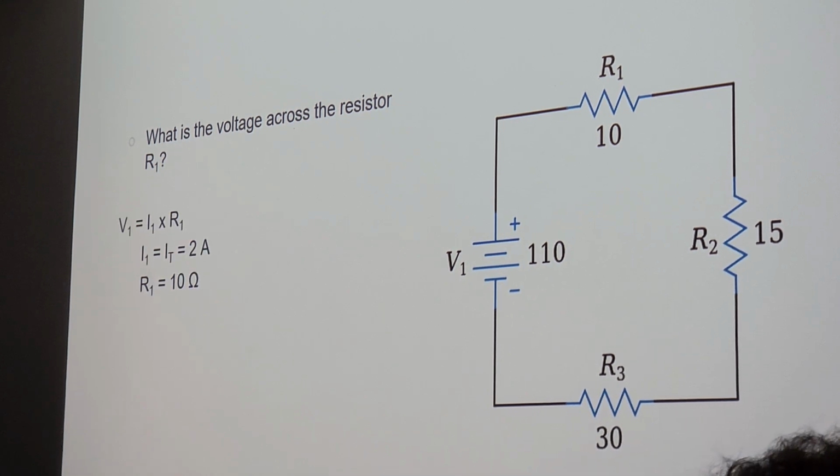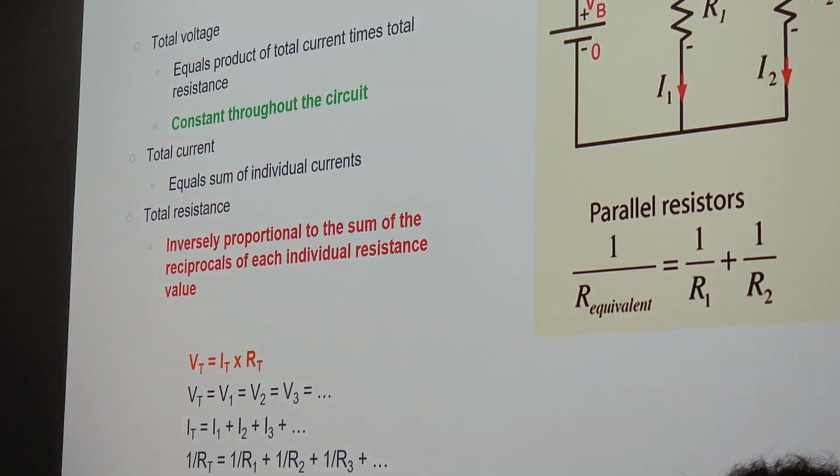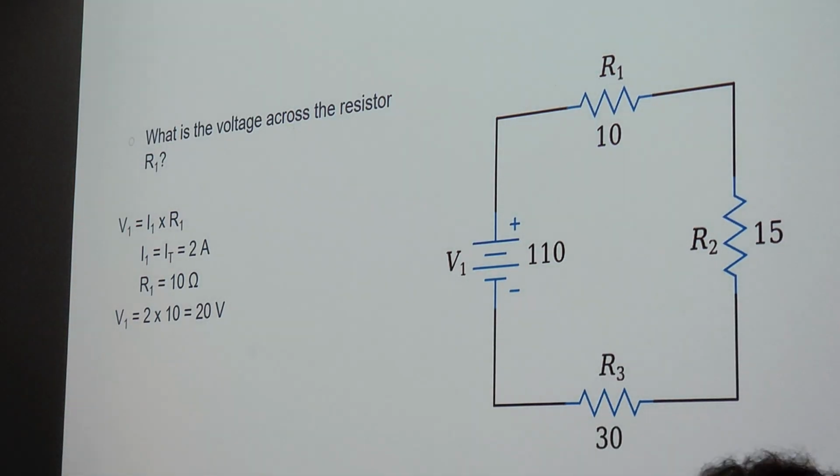And if I asked you what is the voltage at resistor 1, how would you get that answer? 110 equals I times 10, and then divide by 10. So we have to find the voltage at resistor 1, right?